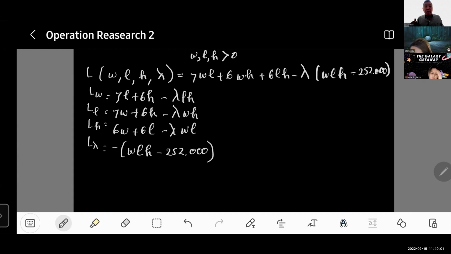Then everything is equal to 0. And then you can solve it. The rest is just algebra. Very good. Excellent.